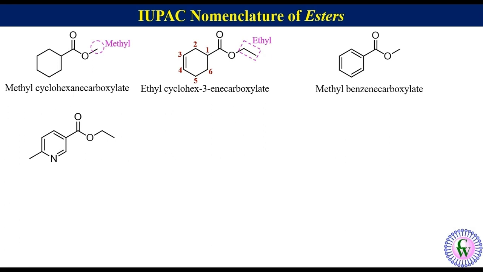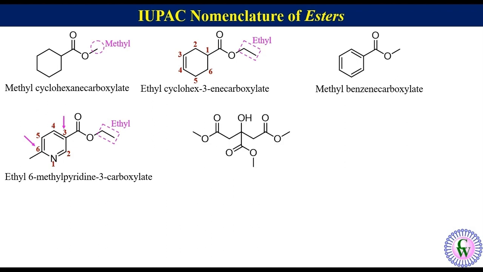So numbering will be 1, 2, 3, 4, 5 and 6 like this. Here we can see that R prime is ethyl. Position of ester is 3 and that of methyl is 6. So the IUPAC name will be ethyl 6-methyl pyridine 3-carboxylate.